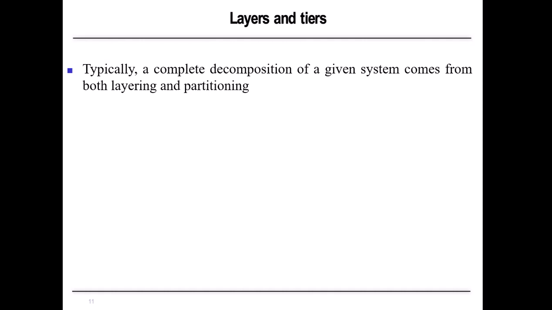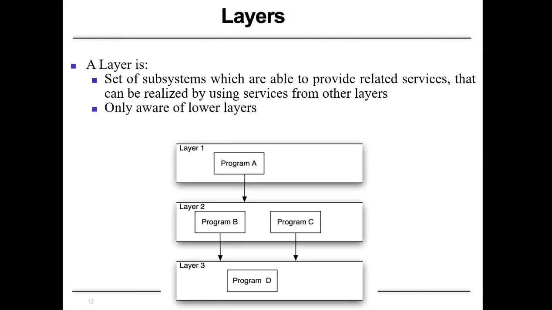This means each layer will have a definite goal. A layer is a set of subsystems or programs which are able to provide related services that can be realized by using services from other layers.